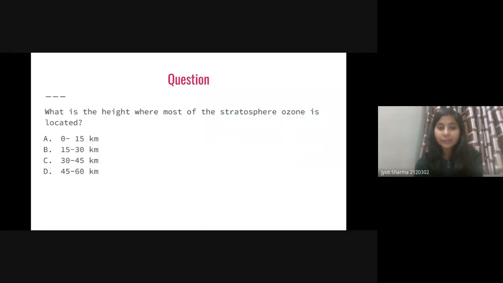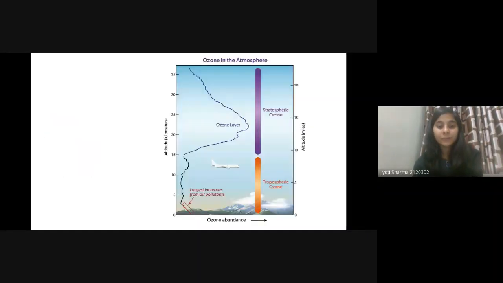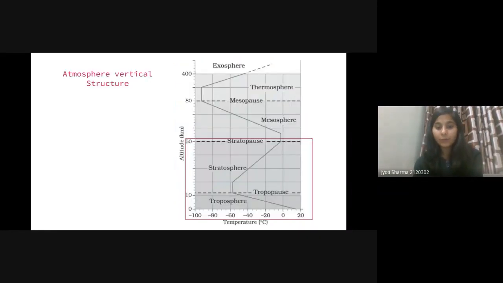Nishan, do you want to try this question? Alka? Okay, B. From here you can see that we have four spheres: troposphere, stratosphere, mesosphere, and thermosphere.